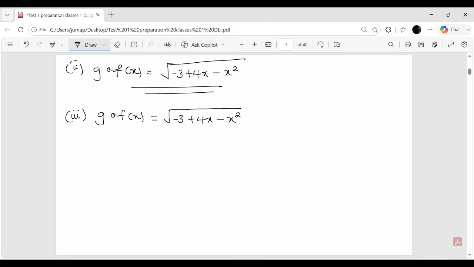When you plug in those values, they'll give you values that are valid. That's the domain. They are x values that, when you plug them into a function, give you valid function results.